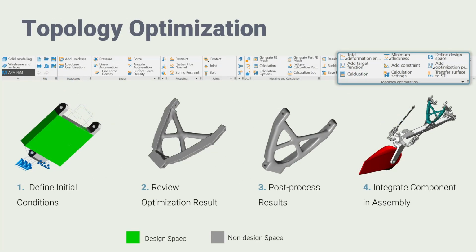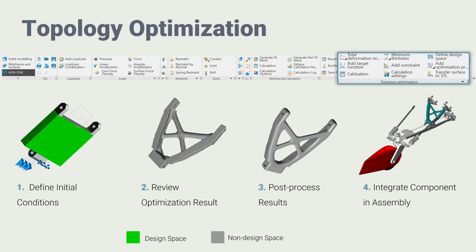Another important APMFEM capability worth discussing is topology optimization. Topology optimization is a computational methodology for determining the optimal material distribution within a design space, subject to defined constraints, loads, and boundary conditions. The result is an optimized geometry derived from the original design space that satisfies all specified design requirements and constraints.